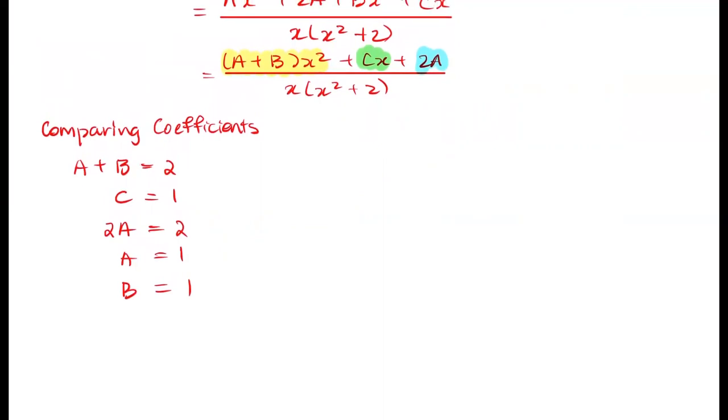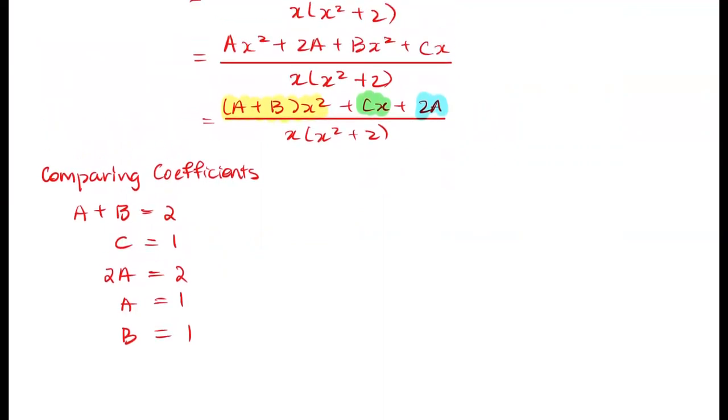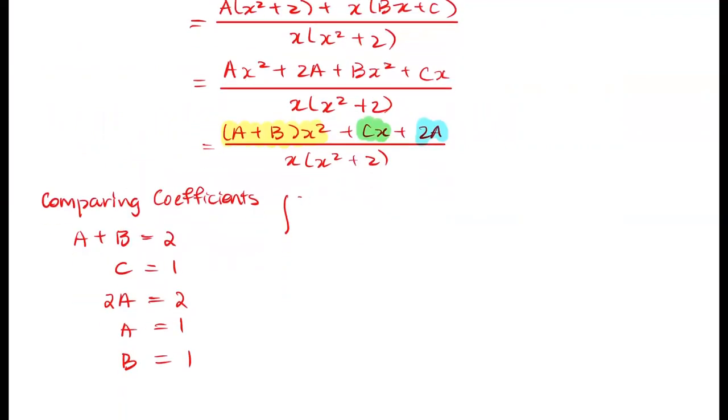So if we put everything back into the integral, we have the integral of the original one, 2x squared plus x plus 2, all divided by x times x squared plus 2, dx.